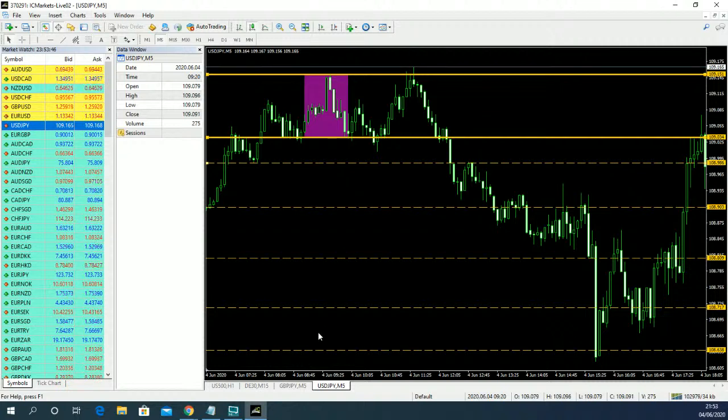At the start you don't know how far this price is going to go, but you set all your TPs already on your broker's platform. Let's say this is your trade, and you get into this trade, and suddenly you hit your first TP here.